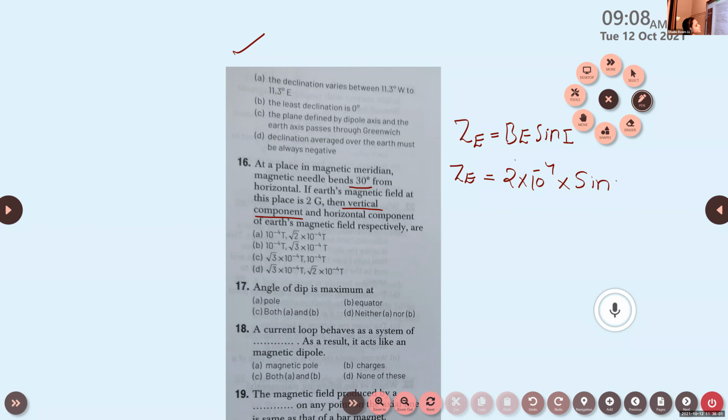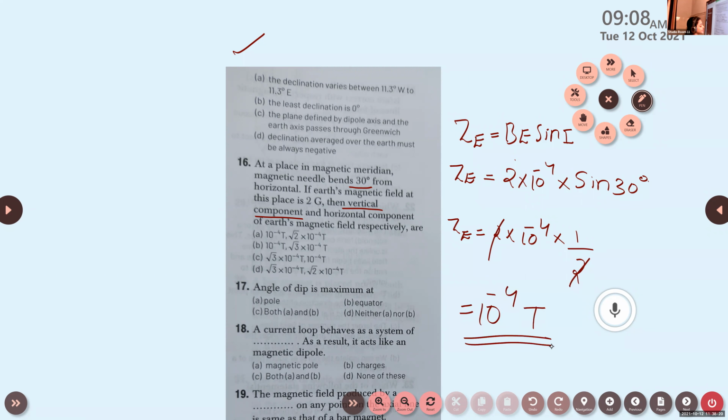Sin 30. The value of sin 30 is 1 by 2. So this 2 and this 2 cancel. So here we have 10 raised to minus 4 Tesla. The vertical component of the Earth's magnetic field is 10 raised to minus 4 Tesla.